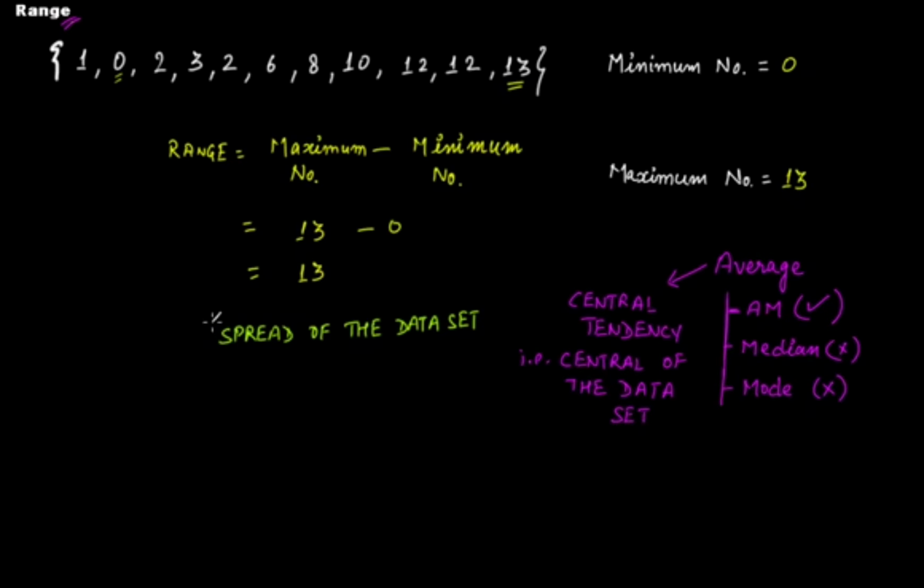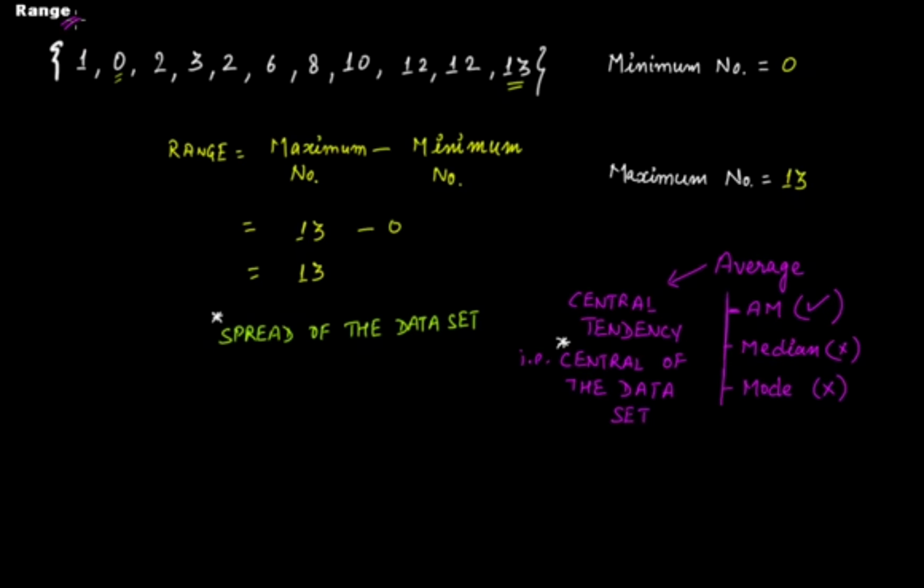And these two are actually two features of any given data set: the center of the data set and the spread of the data set. While you'll calculate the center of the data set using arithmetic mean, median, or mode, you'll calculate the spread of the data set using range.